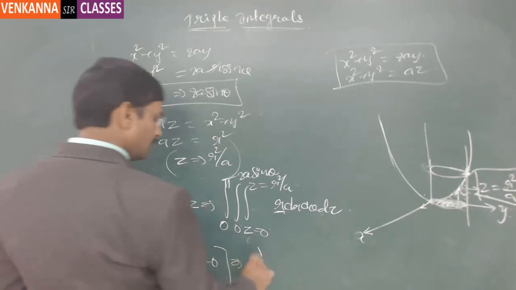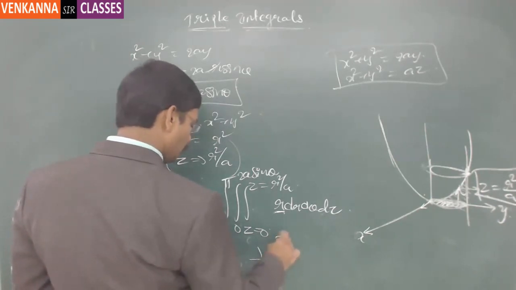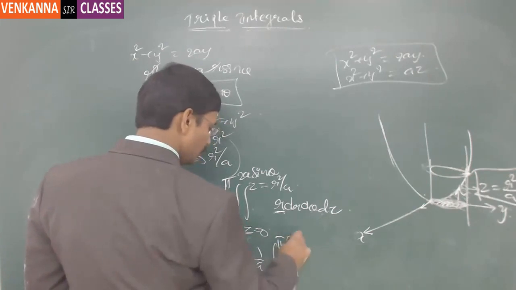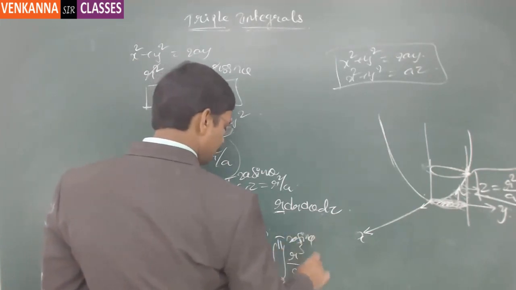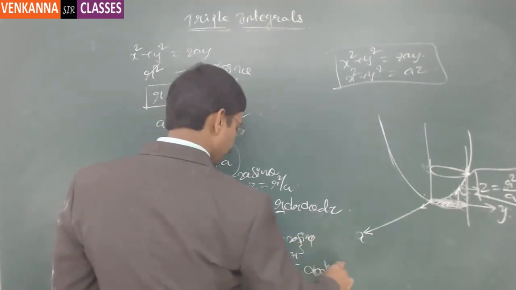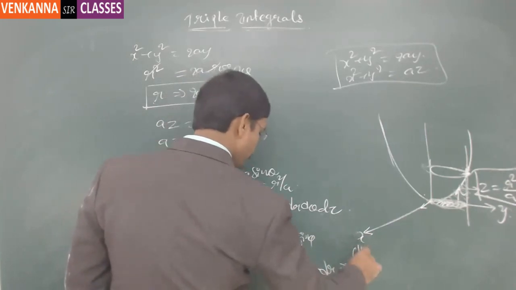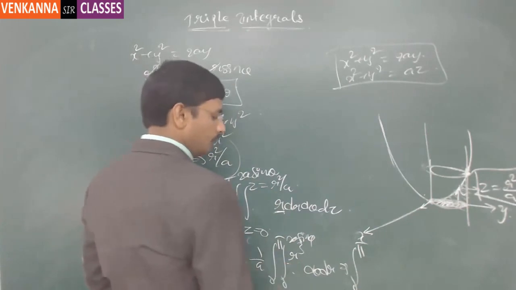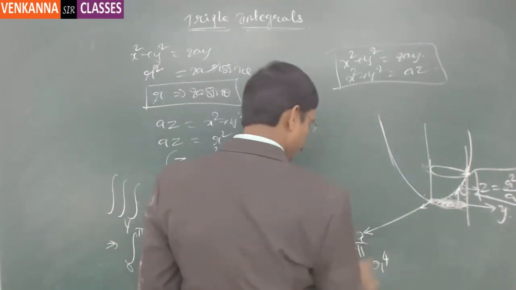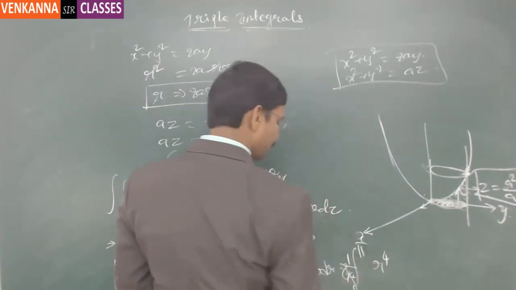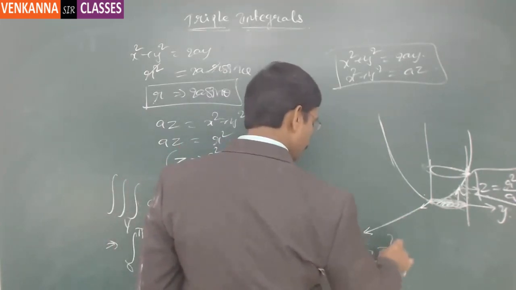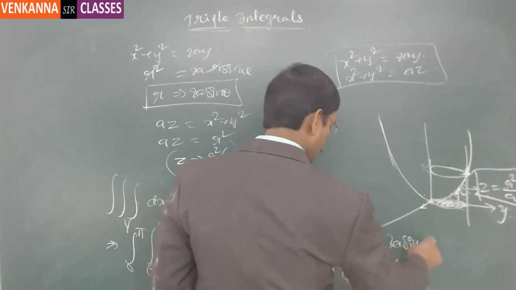So 1 by a, if you take it out, integral 0 to pi, r cube by a, integral 0 to 2a sin theta, d theta dr. So integral 0 to pi, and then integral r cube is r power 4 by 4, and then d theta. The upper limit will be 2a sin theta and the lower limit will be 0.